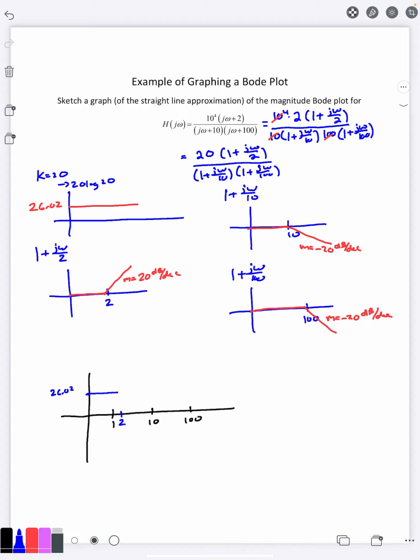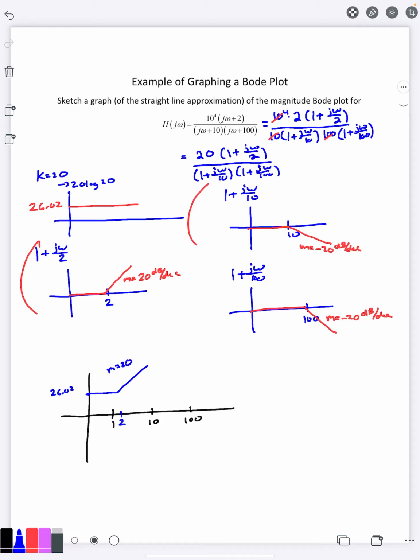When we reach our first break frequency at 2, that is when it starts going upwards here. So it's going to go upwards with a slope of 20. Then we're going to reach the 10 point here. At 10, we're going to add negative 20 to our slope.